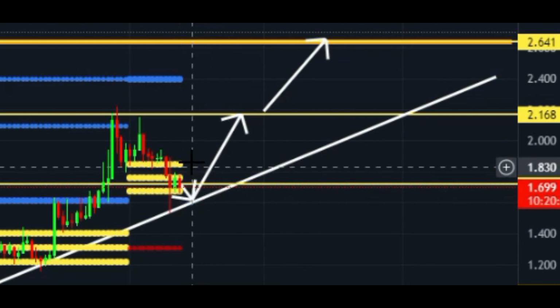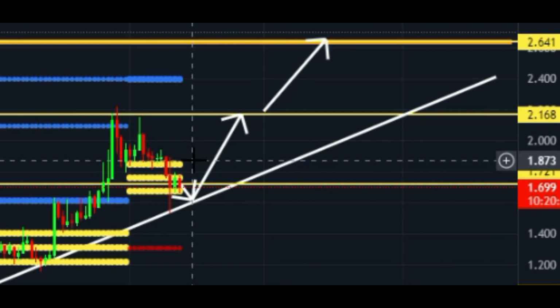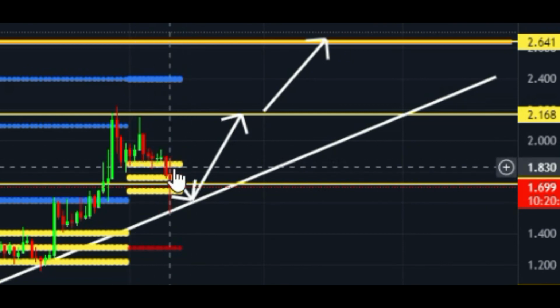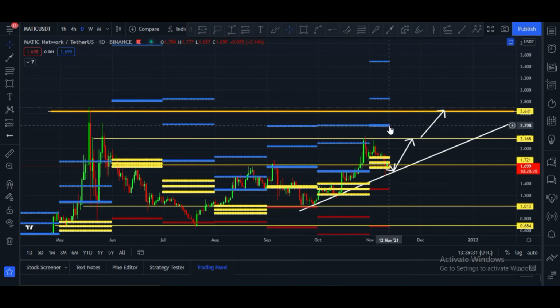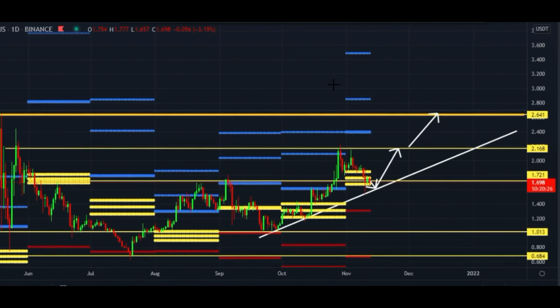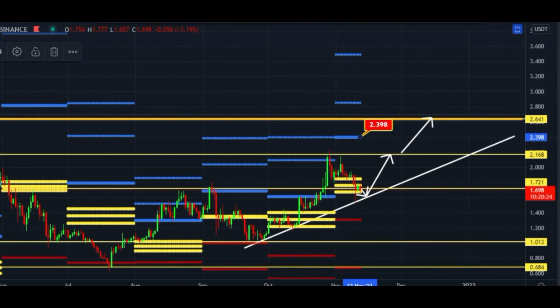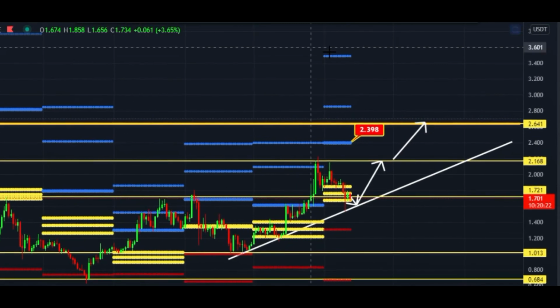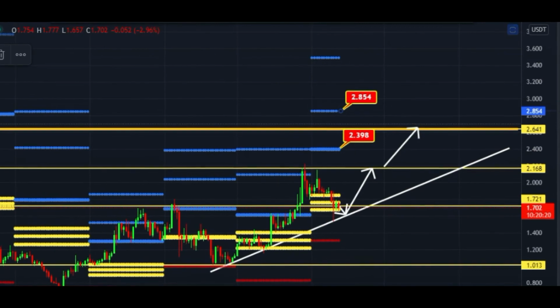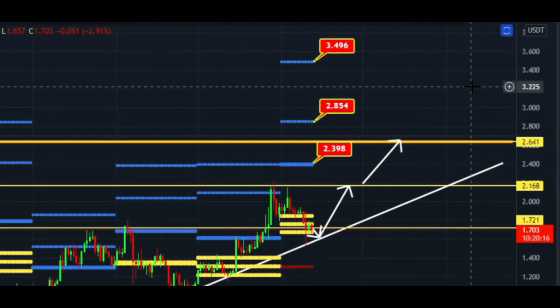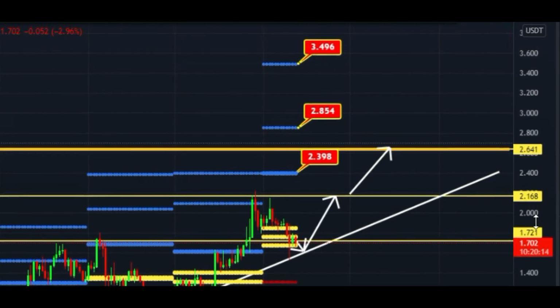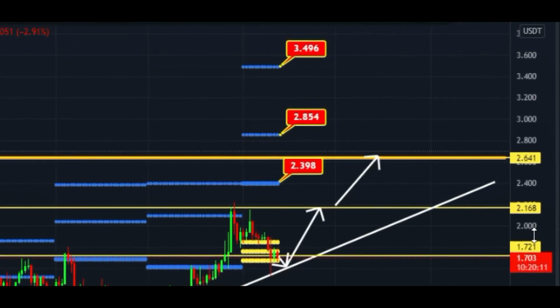Once a candle closes above $1.87 to $1.90, this will turn into a support, and after that the first target will be 2.39. This is the first monthly target, 2.39, and the second target will be 2.85, and third target will be this. These are three targets for Matic, and these are monthly CPR based targets.